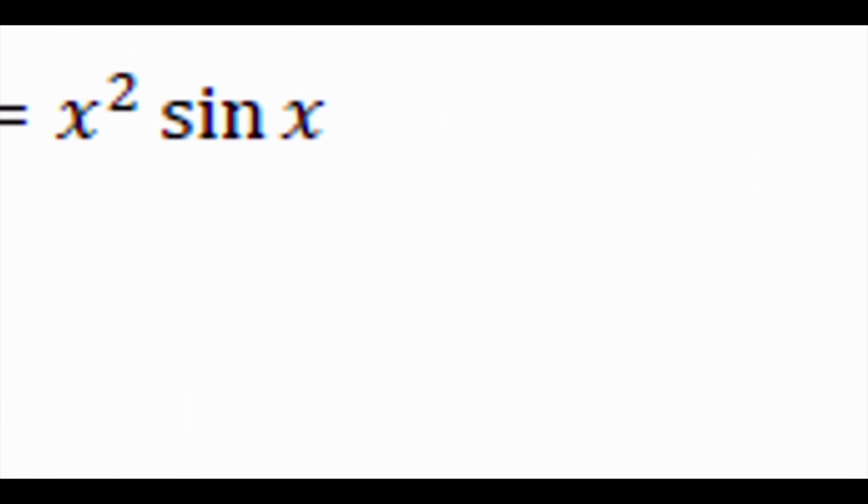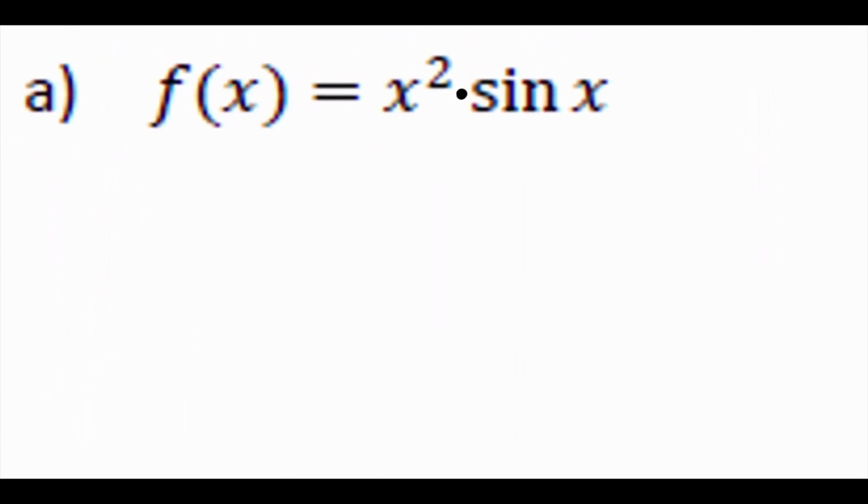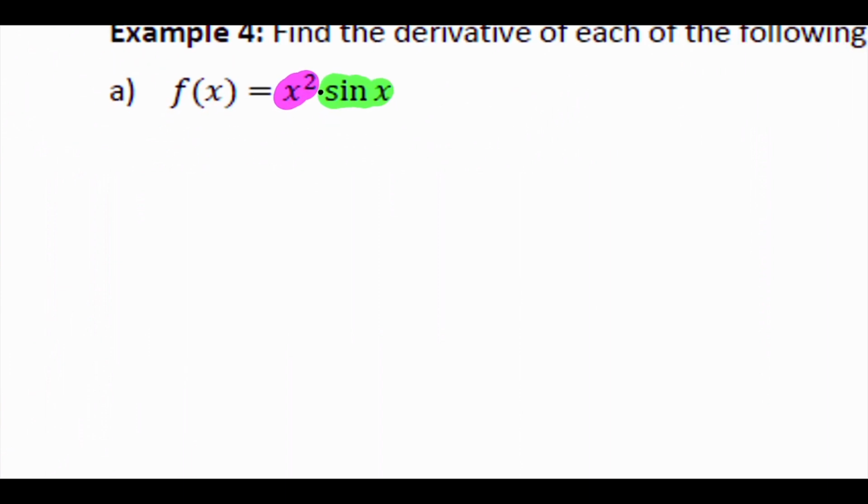Multiplication. They're two separate functions on their own. X squared is its own thing, that would be a parabola. Sine of x is its own thing, right? So they're two functions being multiplied times each other. That's when we use the product rule.